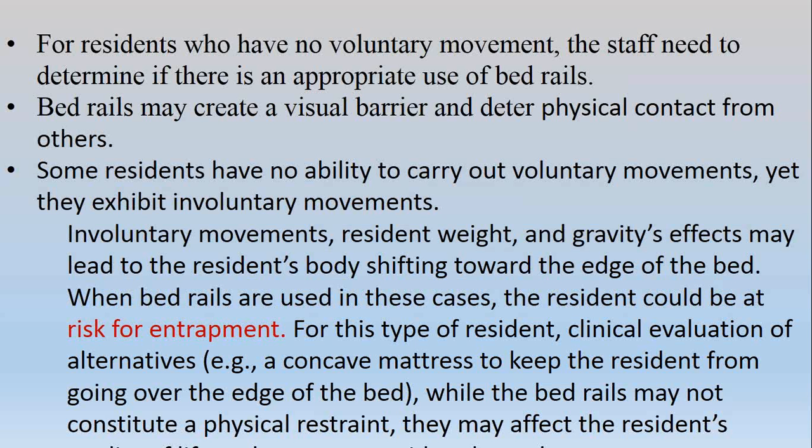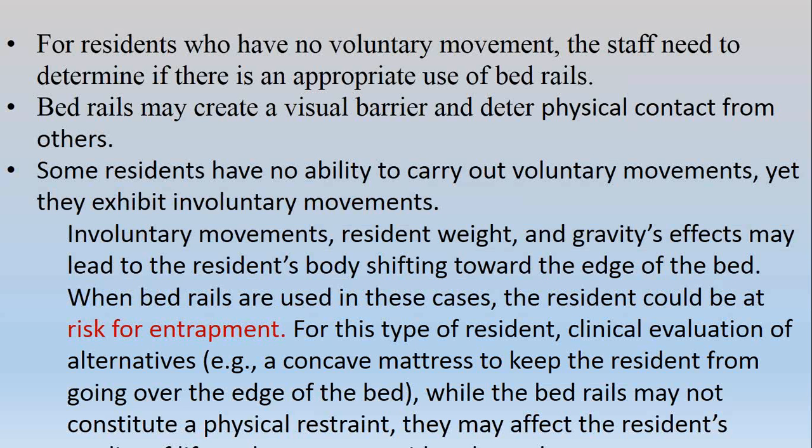Some residents have no ability to carry out voluntary movements, yet they exhibit involuntary movements. Residents' weight and gravity effects may lead to the resident's body shifting toward the edge of the bed. When bed rails are used, this could be a risk for entrapment. So they're telling you that even though they have involuntary movements, this sort of device, these bed rails, is not always the best option because they're going to end up moving over there without that control and being stuck in between there.